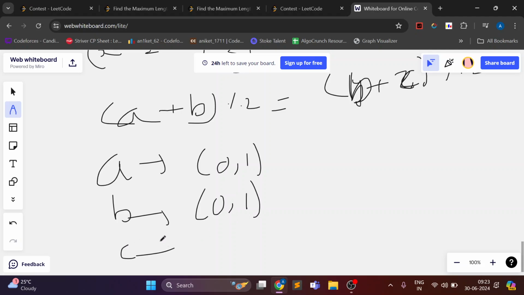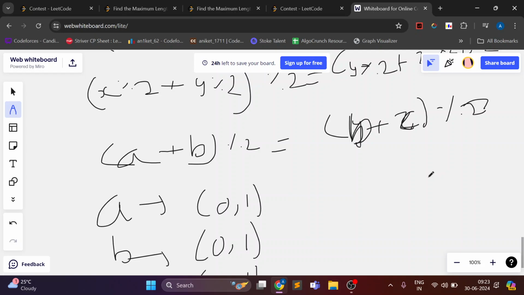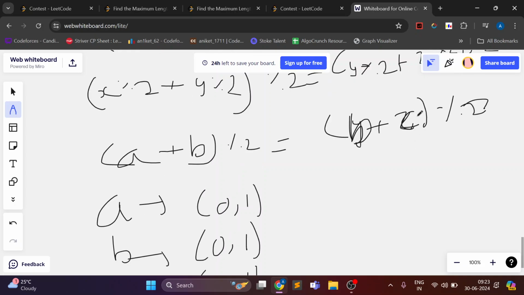And of c? 0 or 1. Now let's put in all the values of a and b and find the values of c. It is a three unknown variable equation, but putting in two values will give the answer for the third variable.